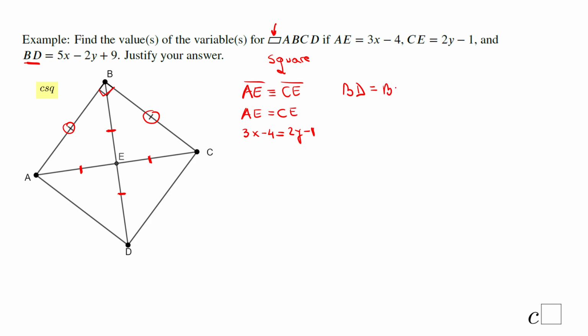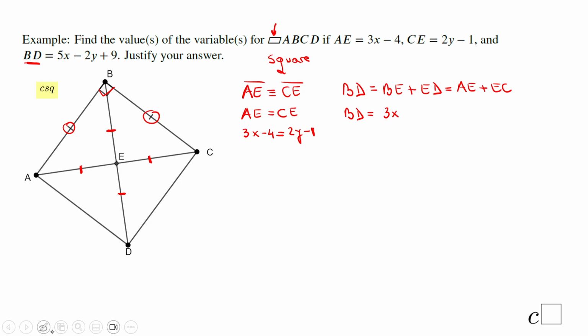it's nothing else than BE plus ED, which we can replace with what? With AE and EC. They are the same measure. So which means BD will be 3x.